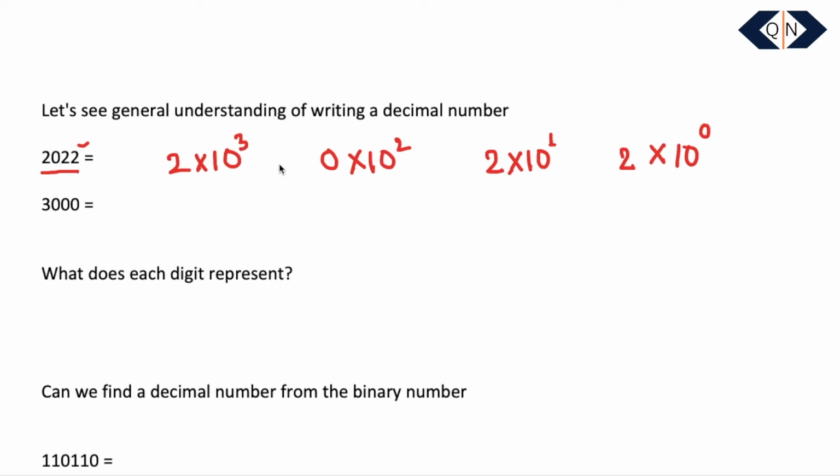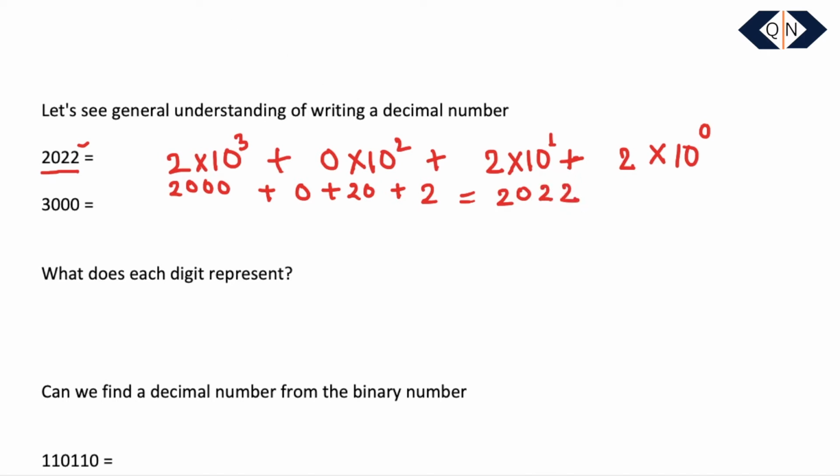Okay, then we are going to add these things. So what do we get from here? 2000, am I correct? Then this is 0, then it is 20, then this is 2 into 10 to the power 0. 10 to the power 0 is 1, so 2 into 1 is 2. When you add this, you get 2022.